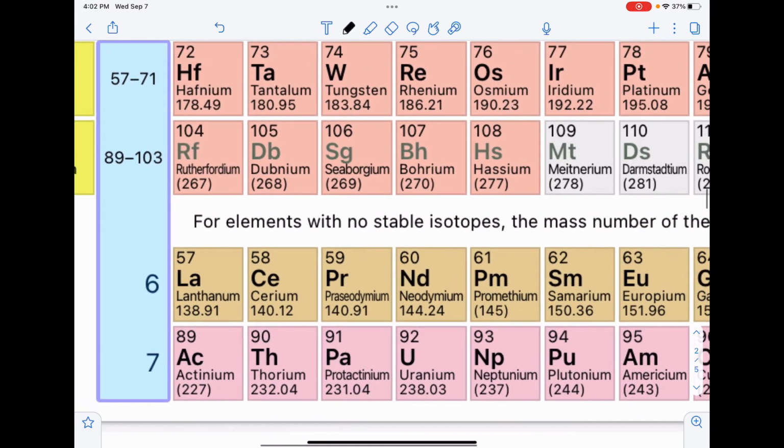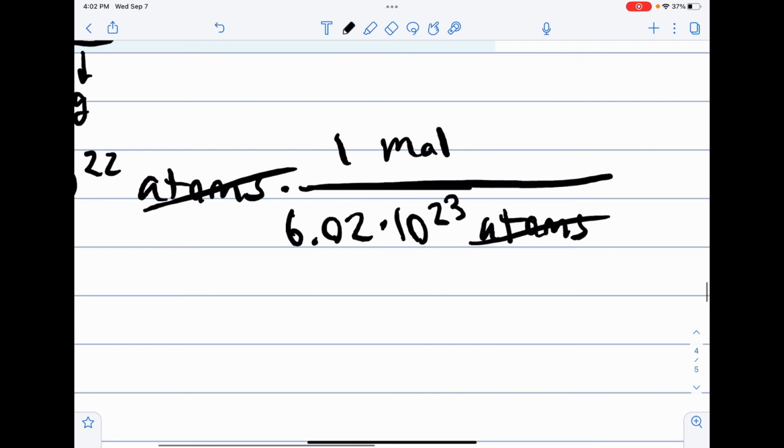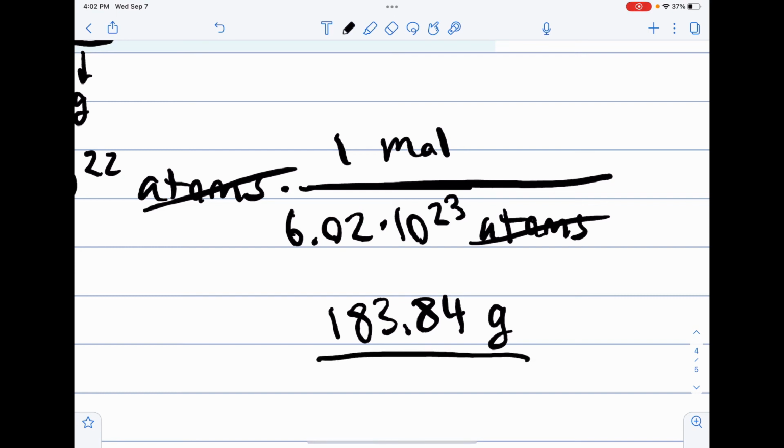So 183.84, we can put this down here, 183.84, and is this attached to the gram or the mole? It's attached to the gram. So all of these molar masses are called molar masses because they are the mass of 1 mole of that element. So this is that many grams per 1 mole.